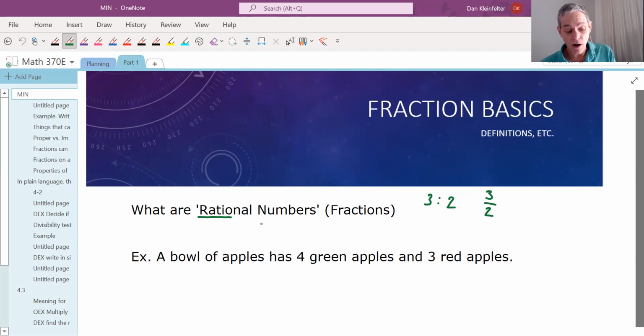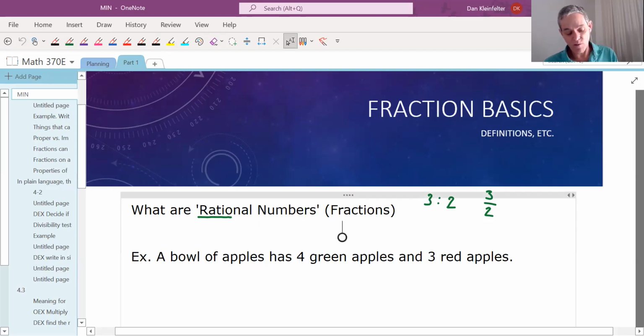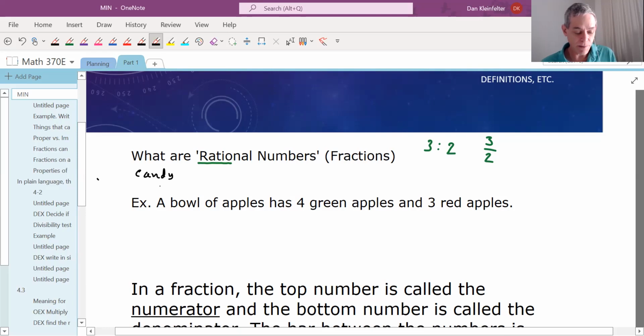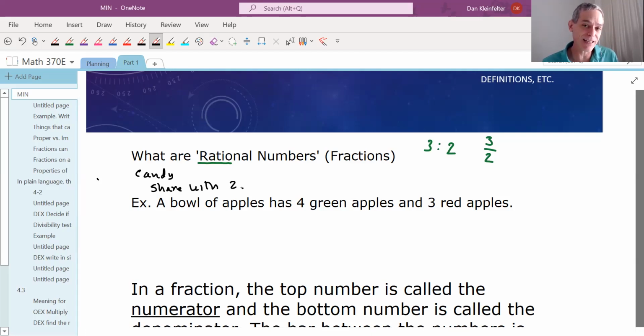And so how can that work, or what would be an example of where that would be needed? Well, let's say that you have a candy bar, and you're going to share it with 2 other people. And of course, you want some for yourself too. And what's fair, we will always consider what's fair, and that is that everybody should have an equal amount of the candy. You're not going to have more because it's yours.